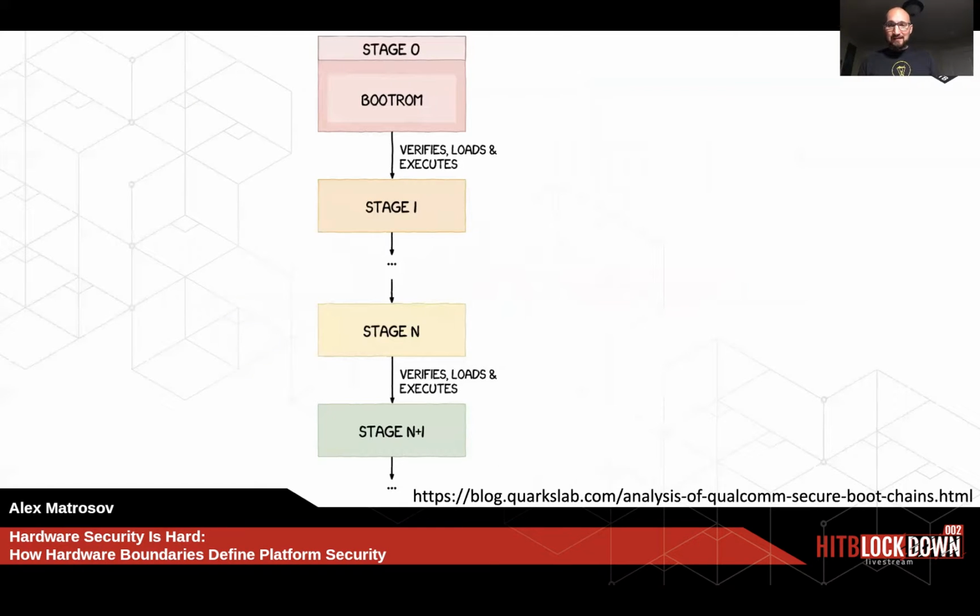So think about it: we have this stage 0 boot ROM that verifies, loads, and executes stage 1, stage N, and stage N+1. If any of these layers has its own vulnerability, and we exploit it after the validation of the level, the root of trust is basically transferred to this stage.